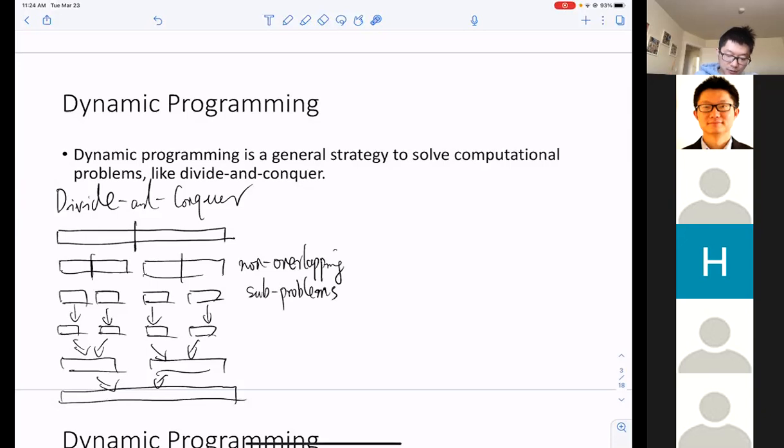Here you can see that these 2 arrays don't share any element. They're totally disjoint with each other. Similarly, when we cut this array into 2 halves, these 2 small subarrays do not have any overlap, and so we are able to solve each of them individually. This is what we do in divide and conquer.